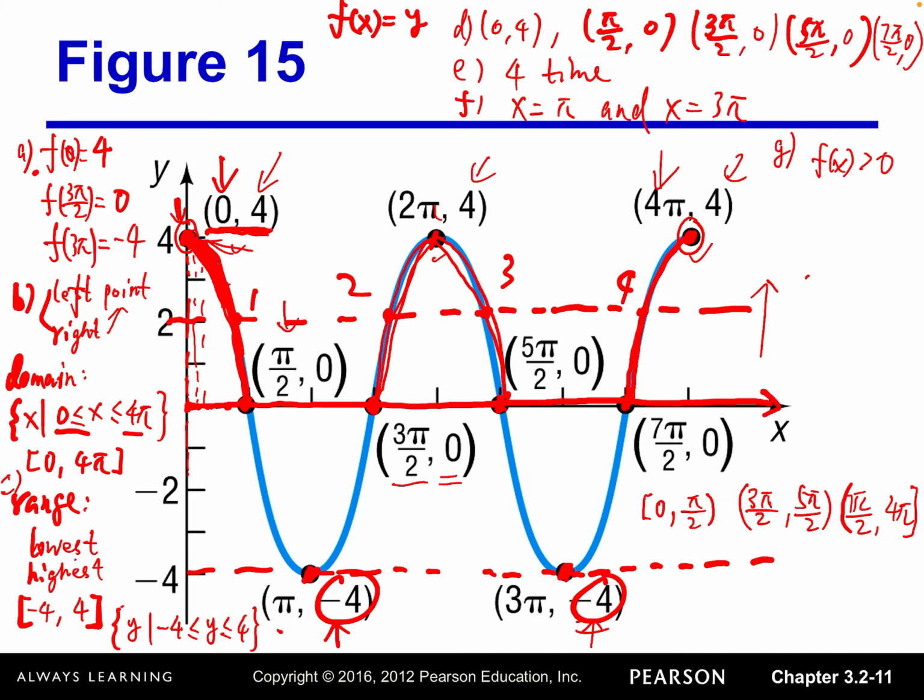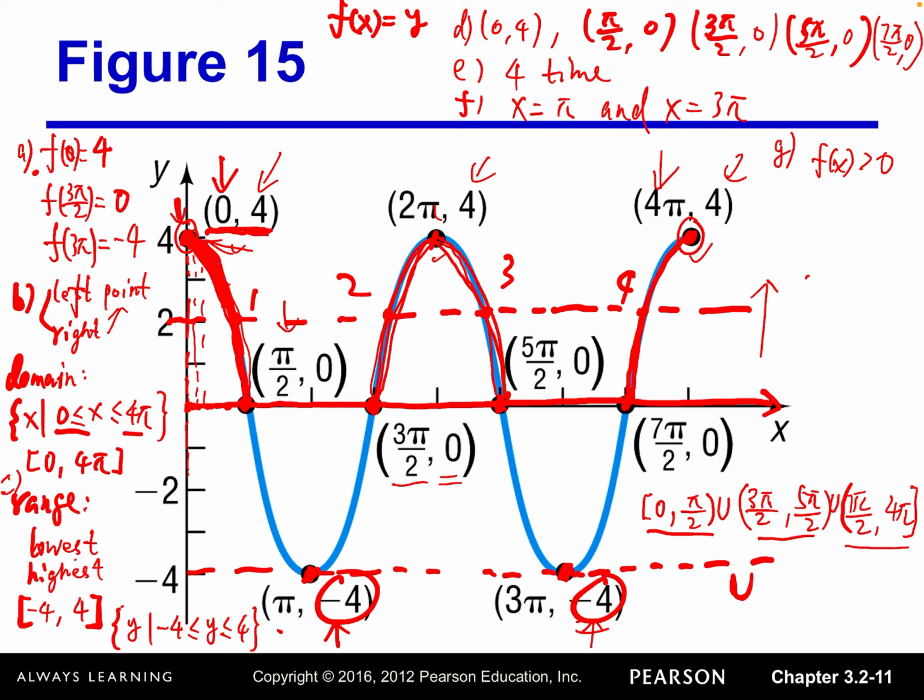So the answer refers to the 3 curve segments on the graph. That's why we use 3 intervals in interval notation to represent it. All of them are answers, so we use the union symbol. That means this and this and this, all of them combined. This U is the symbol representing the union.